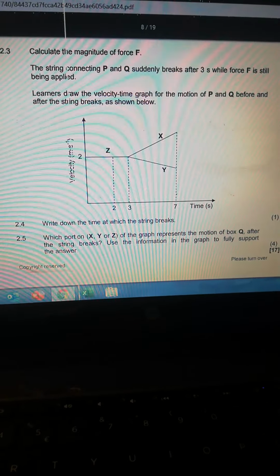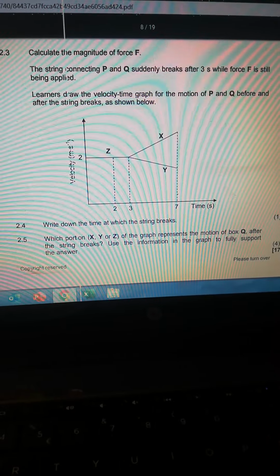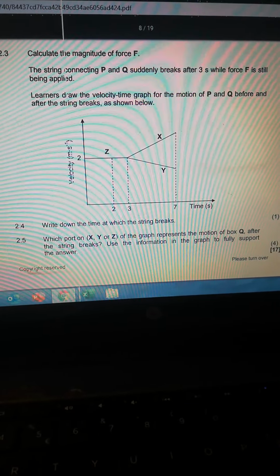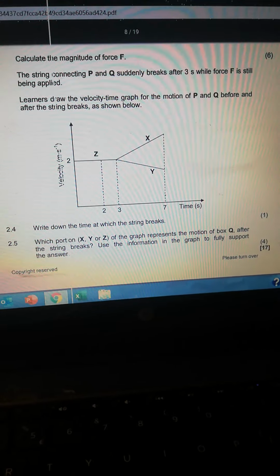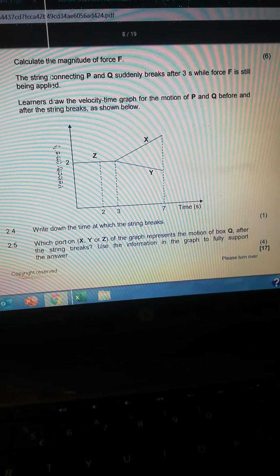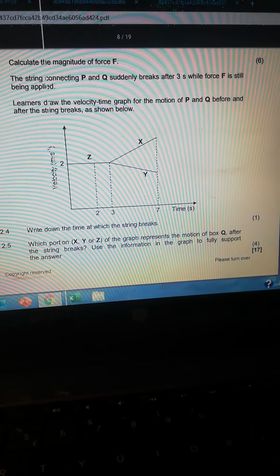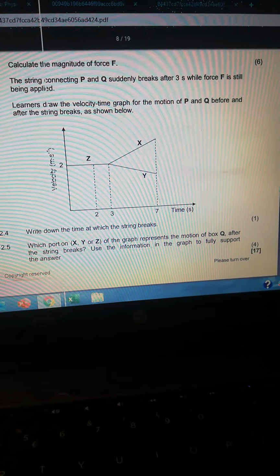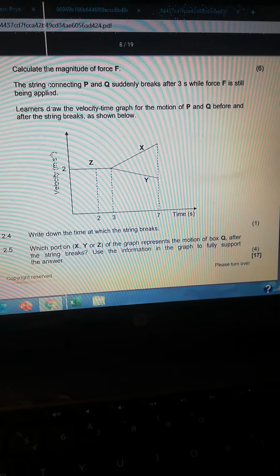So for 2.5, which portion of X, Y, or Z of the graph represents the motion of box Q after the string breaks? Use the information in the graph to fully support the answer. Z just shows while everything was still at rest, and X shows acceleration.